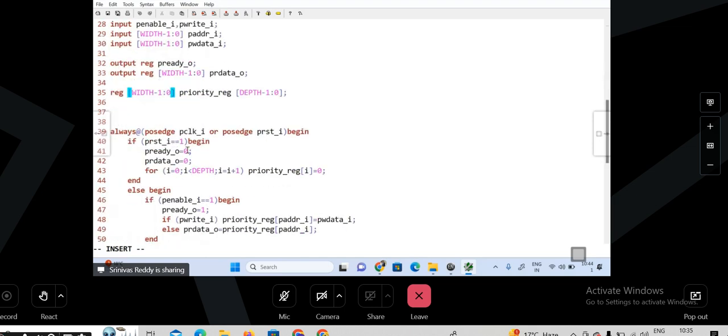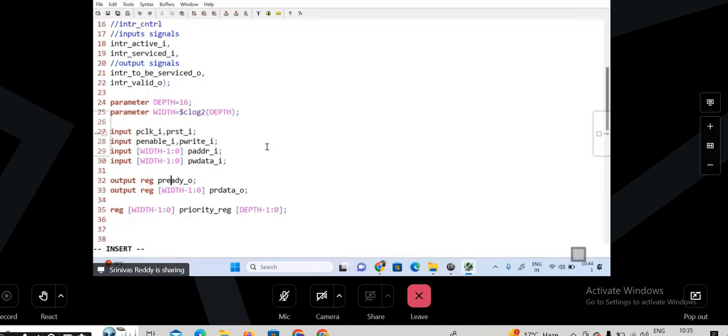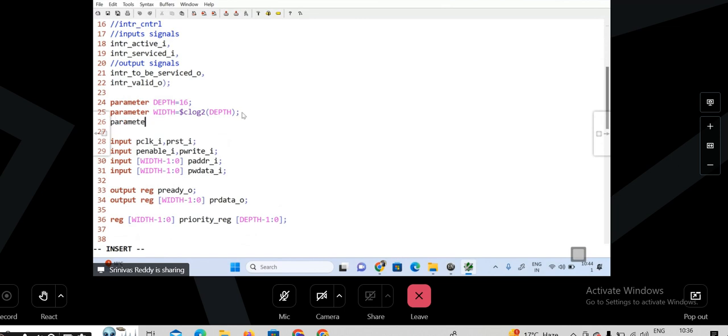So depth indicates the number of interrupts. In my case, 16 requests. Do you understand? Next, what is another input? Interrupt serviced. Is it scalar or vector? Scalar is the input.